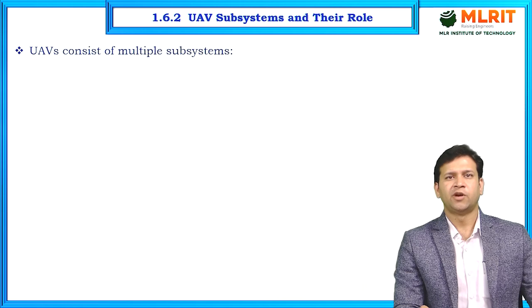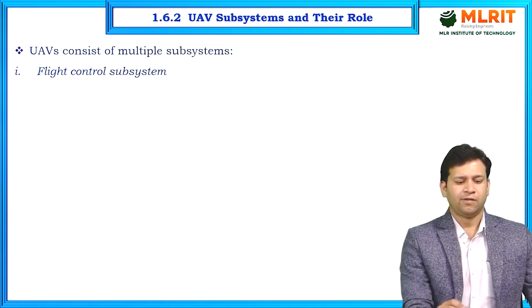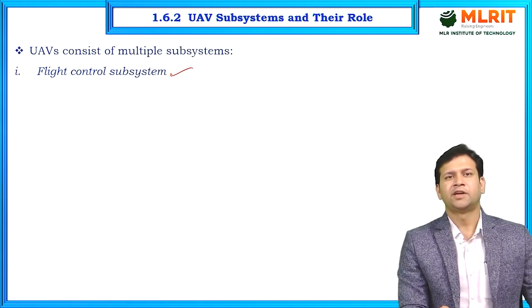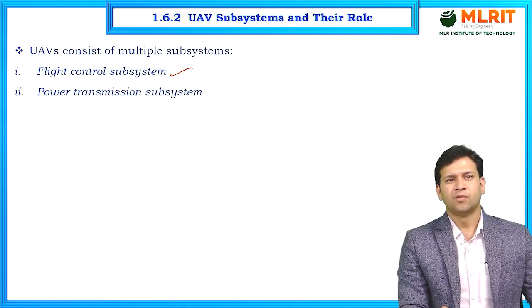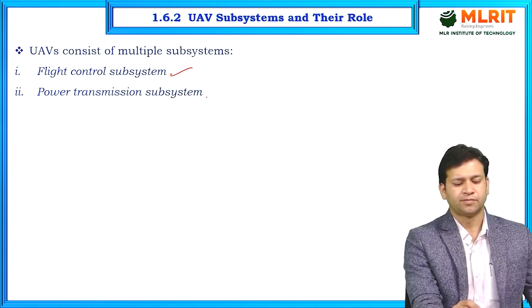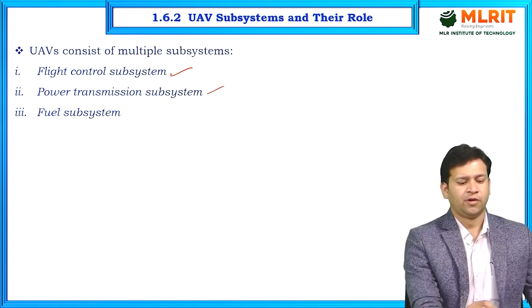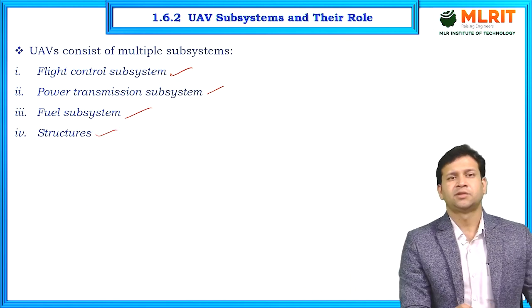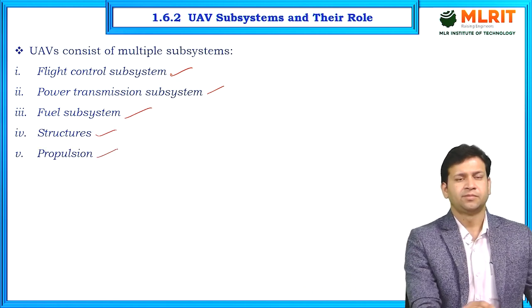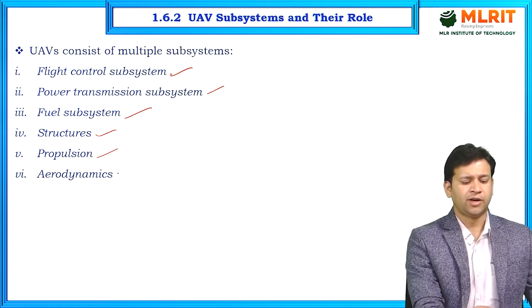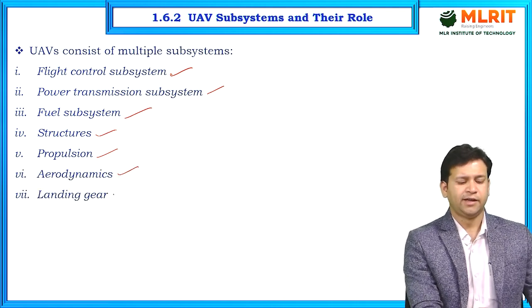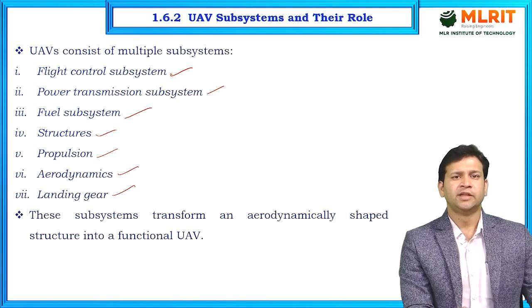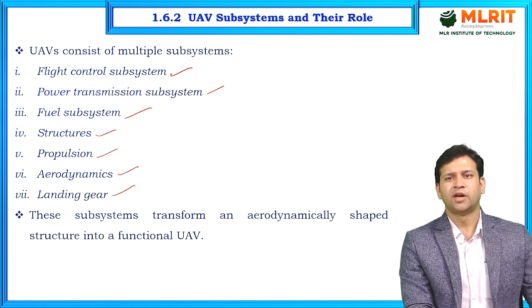UAVs consist of multiple subsystems. The first one, flight control subsystem, power transmission subsystem, fuel subsystems, in case it is a jet engine based. Then we have structures, propulsion, aerodynamics, landing gear. These subsystems transform an aerodynamically shaped structure into a functional UAV.